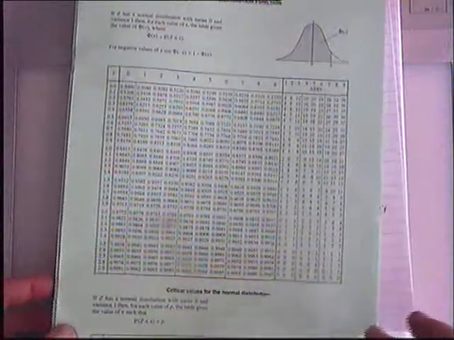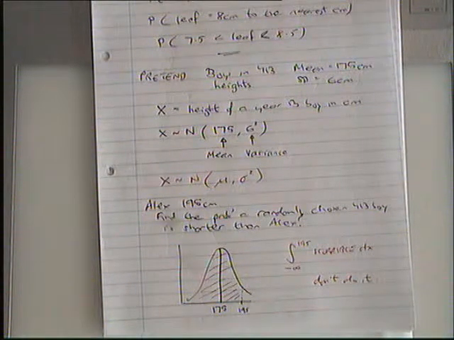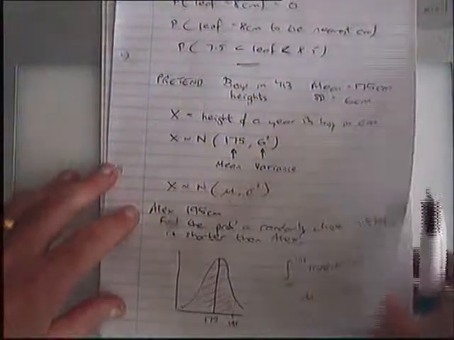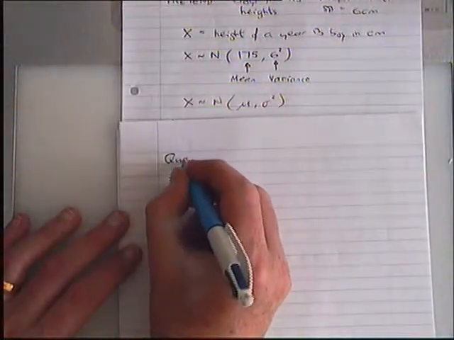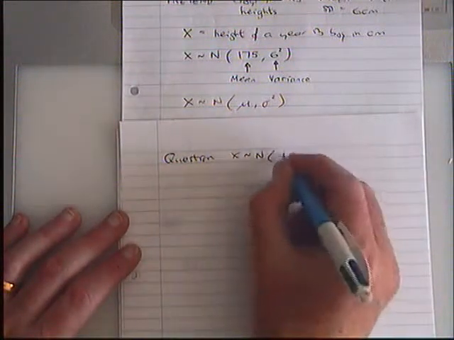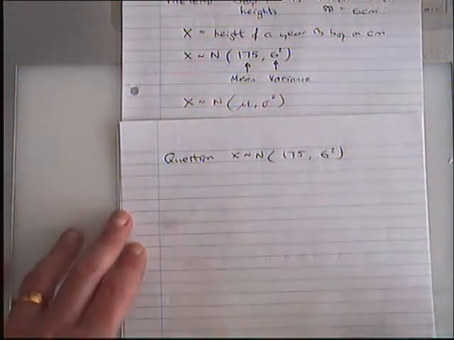But here for the normal, you've just got one page of tables. And what we do is we convert every problem to have the same mean and the same standard deviation, and then we work on that converted problem. So what we had in this example was our question said x was normally distributed, 175, 6 squared.